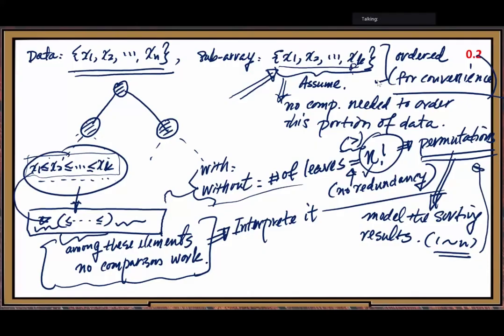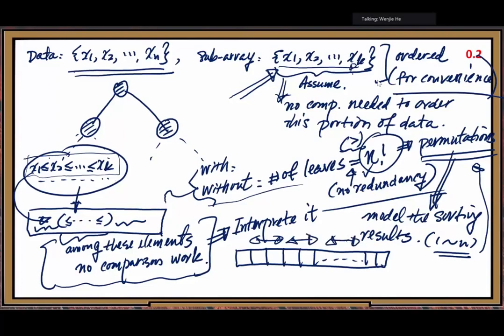Then k of the elements are ordered. That means in our permutation, we fix the first k elements. So we have a general n permutation, and the symbols inside can do a lot of permutations.